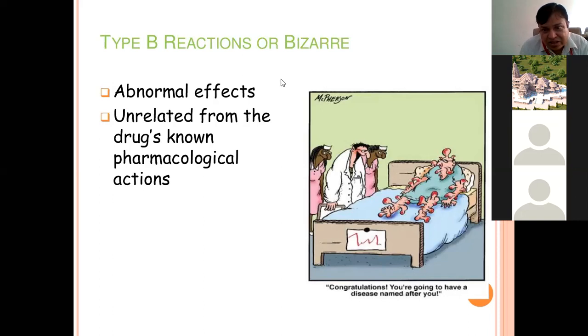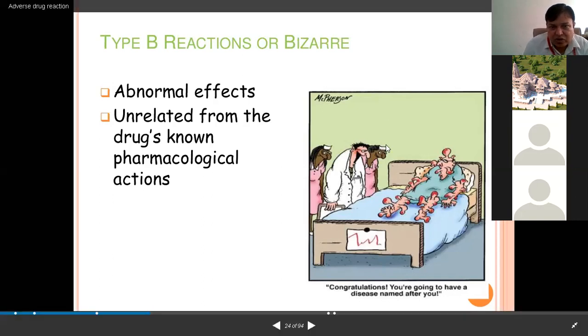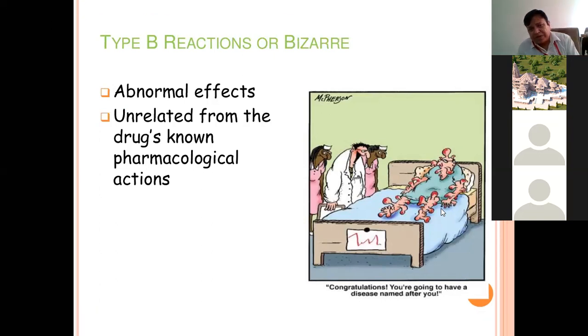Now here in picture, this cartoon, you can see this unpredictable response received by the patient and number of tumors, you can say, found in his skin, like that abnormal response patient getting in the type 2 drug adverse reaction. Abnormal effect unrelated from the drug's known pharmacological action.